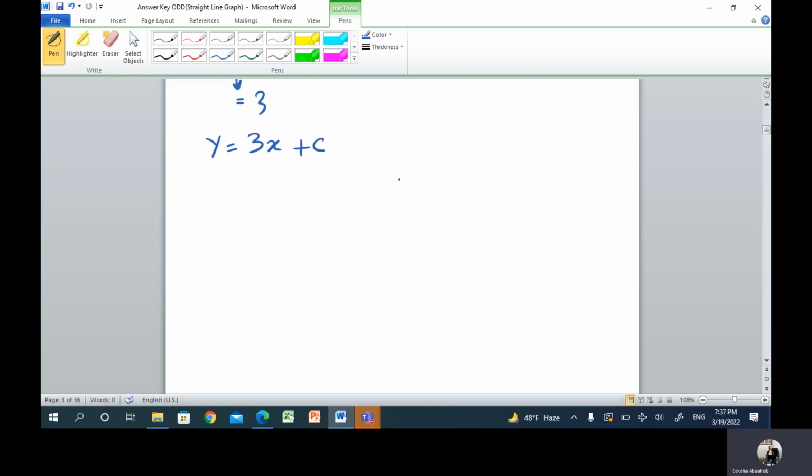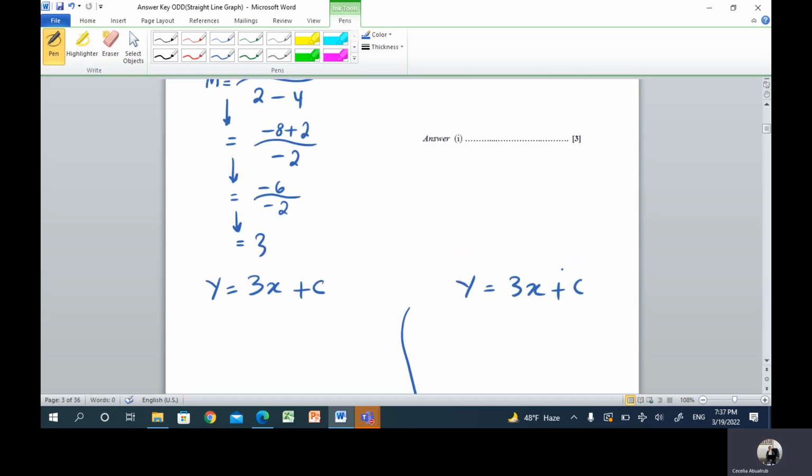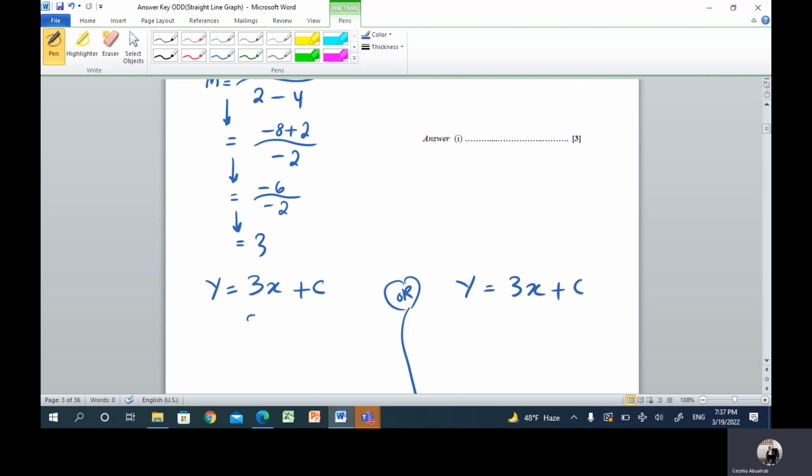They mentioned that the given 2 points are on this line, so this is the equation of the line, and we need to find c. I can use any of the 2 points. So I'm going to take the first point, (2, -8), and the second point, which is (4, -2).